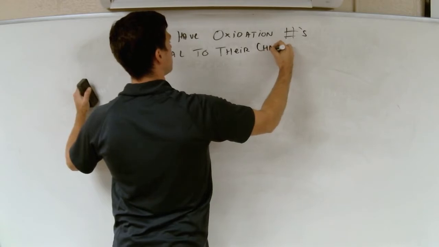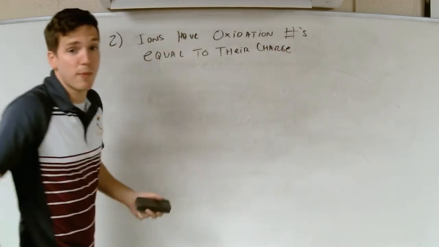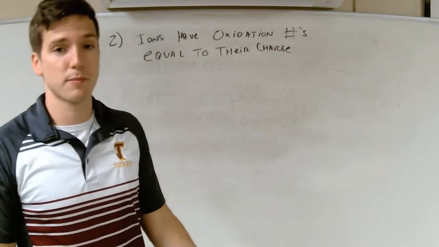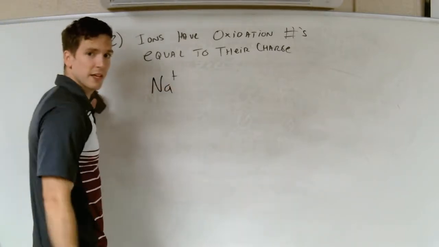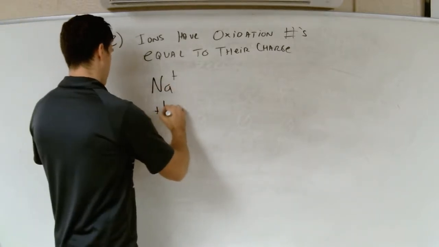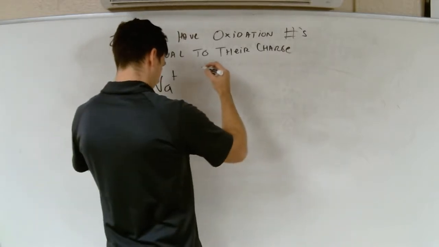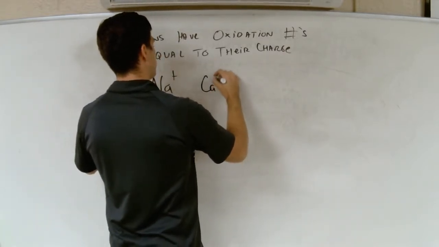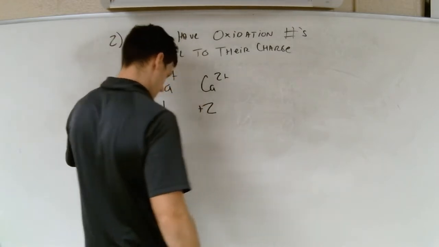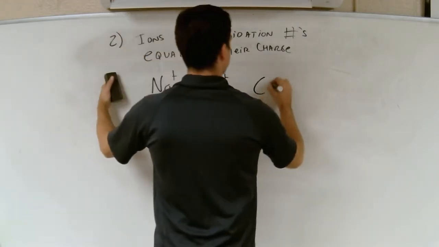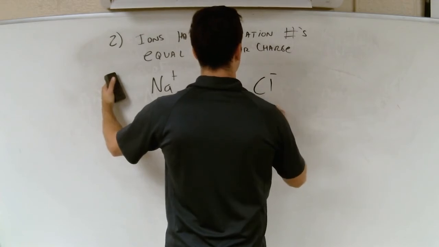So if you see an ion by itself, its oxidation number is just its charge. So if I have Na+ this time, its oxidation number is +1. If I have Ca2+, its oxidation number is +2. If I have Cl-, its oxidation number is -1.